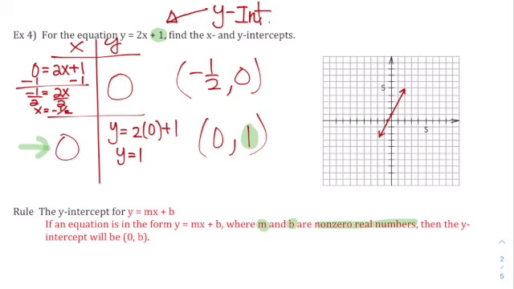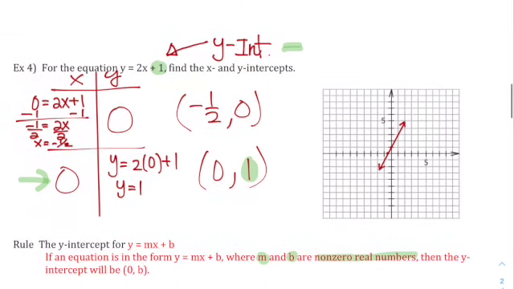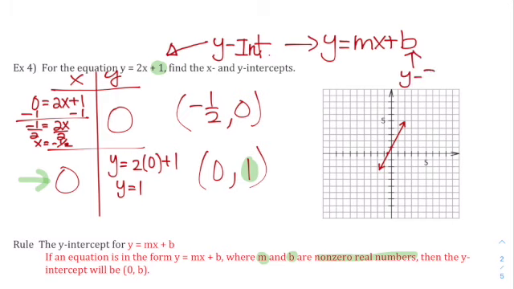If they are in y equals mx plus b, this is the y-intercept. I hope that is a reminder, or maybe will make your life easier.